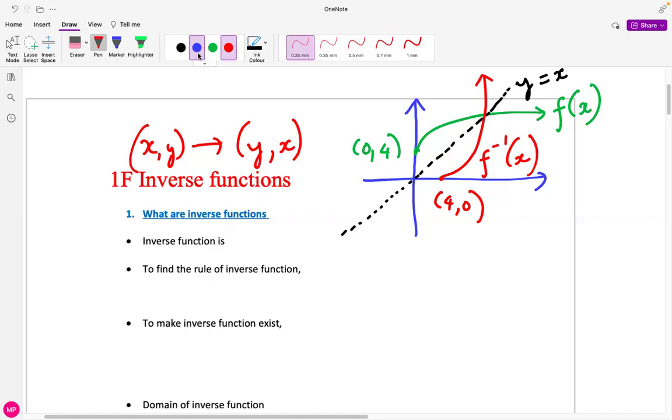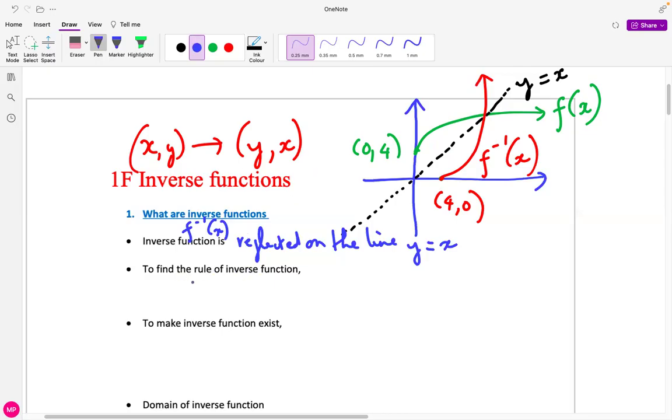Now we're going to have a few main things to remember here. So the inverse function, written as f negative 1 of x, is a function that is reflected on the line y equals x, as you can see on the graph here. Now, for the rule of the inverse function, by definition, when you have (x, y), it becomes (y, x).